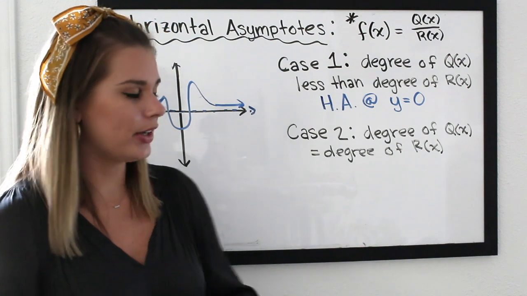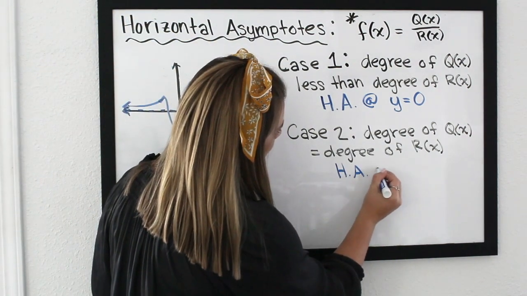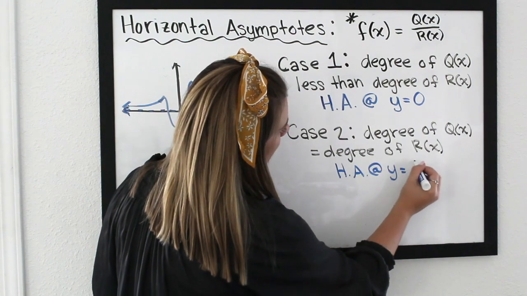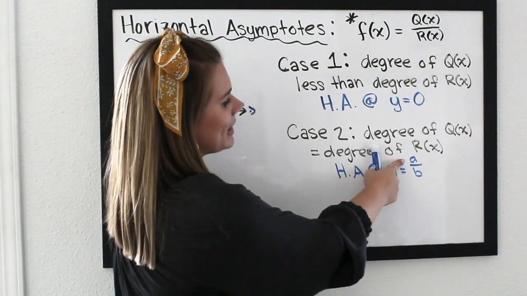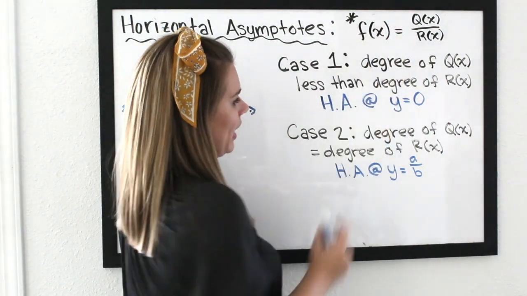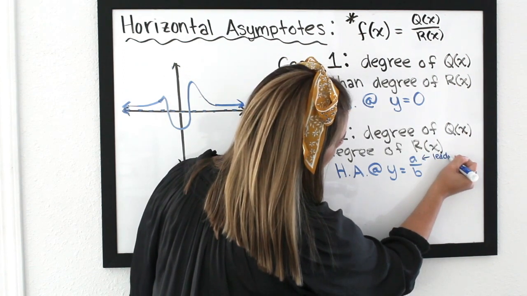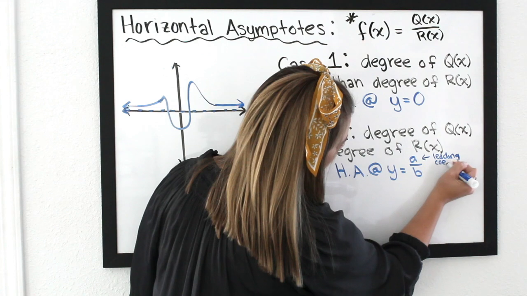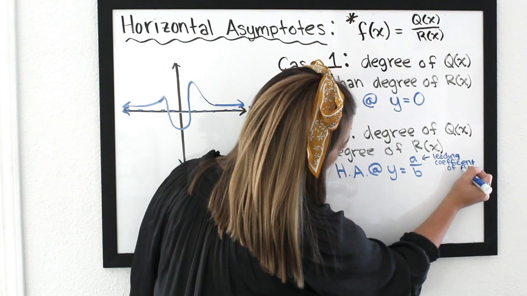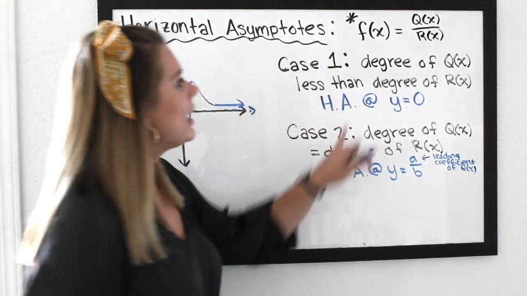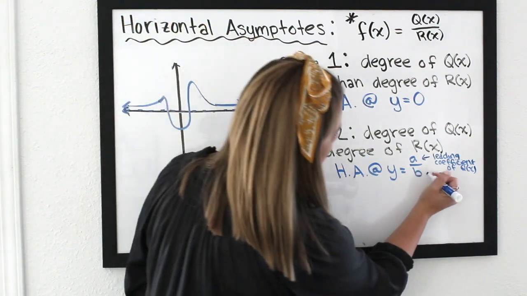Then we have a horizontal asymptote at y equals a over b, where a is the leading coefficient of q of x, okay, and b is the leading coefficient of r of x.